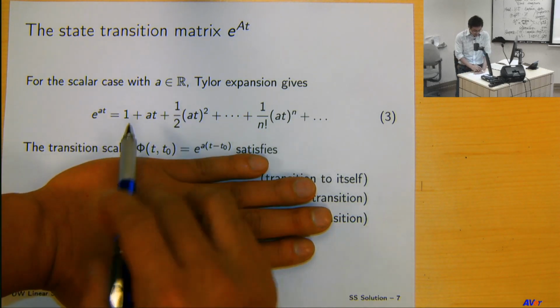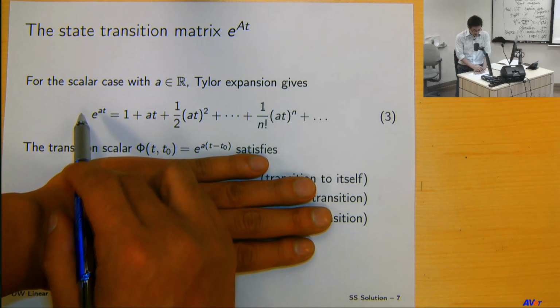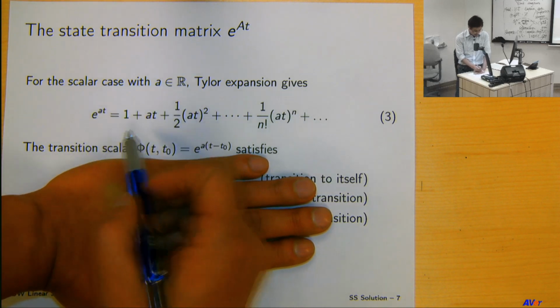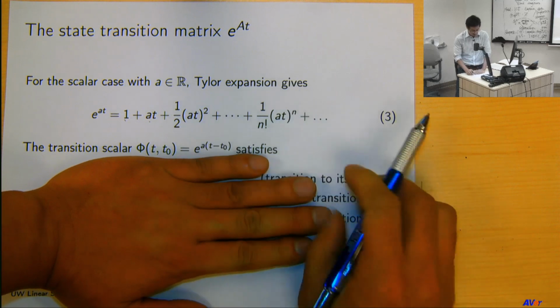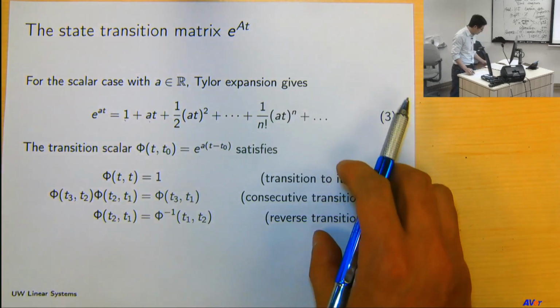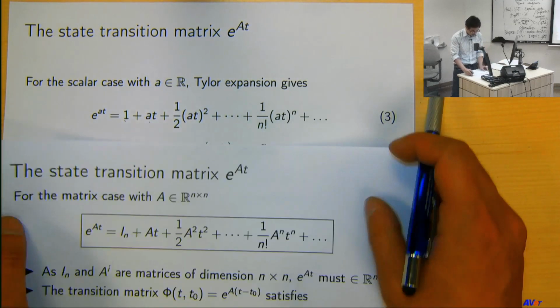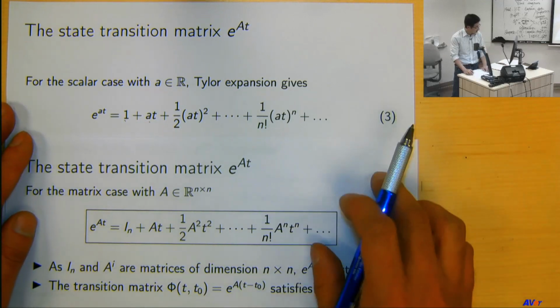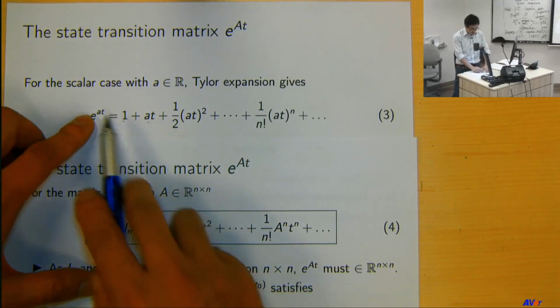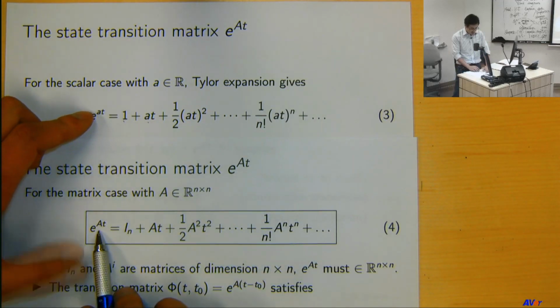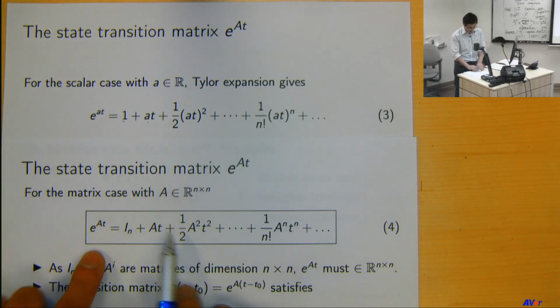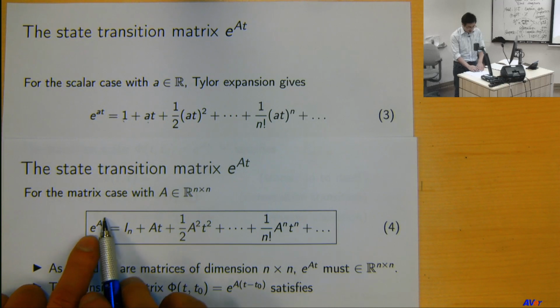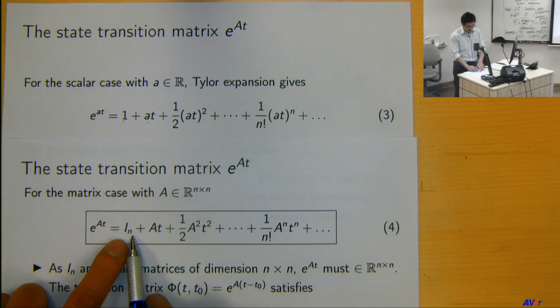For this one, it has some special properties, right? This is a scalar, and these are all scalars. For the matrix case, it's defined similarly. Just replace little a with capital A, and then you get the definition of the exponential function to the power of a matrix term, AT.